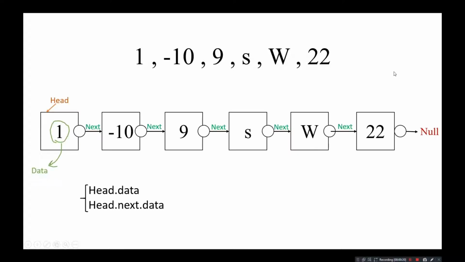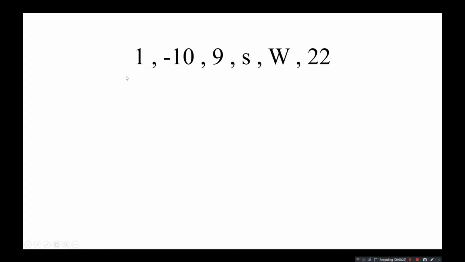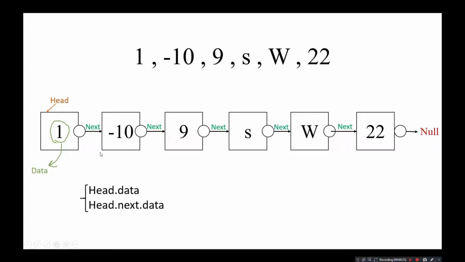So let's take a look at another example. Imagine we have these characters and we want to store them in nodes of a linked list. So this is how it works. First we store 1, then -10, 9, and then whatever. It's like this. In our tutorial, we are going to store numbers in a linked list. And as you know, integer numbers can be positive or negative.